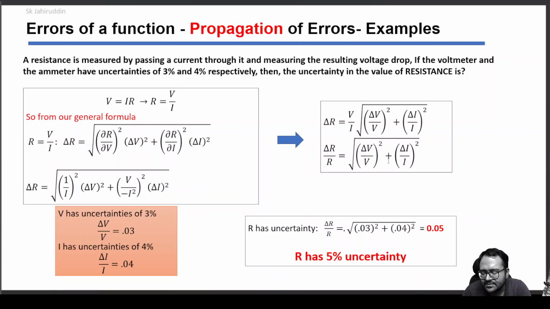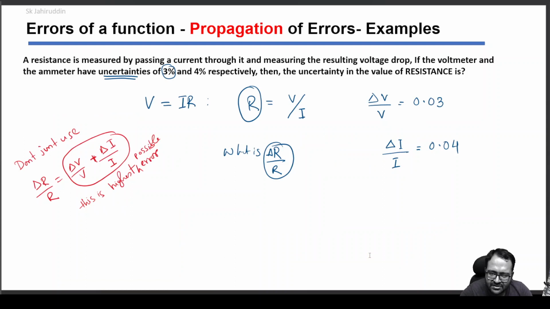And using that general formula, we get delta R by R is this. So delta V by V is 0.03, delta I by I is 0.04. So delta R by R will be the square root of 0.03 squared plus 0.04 squared, which is 0.05. That expected uncertainty is 5%, not 7% as you would get if you just add.